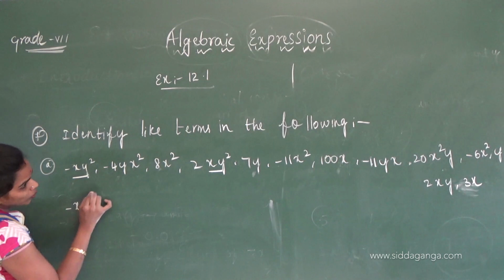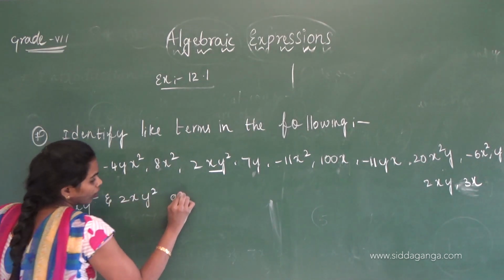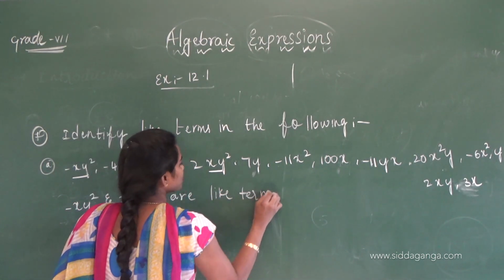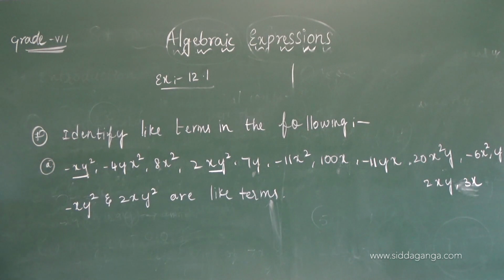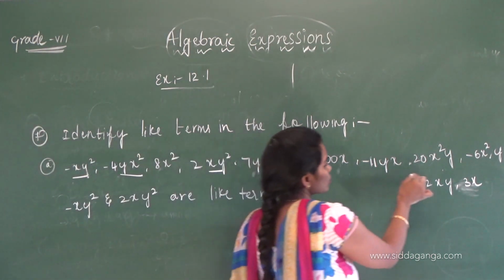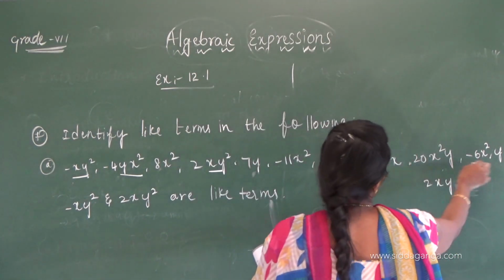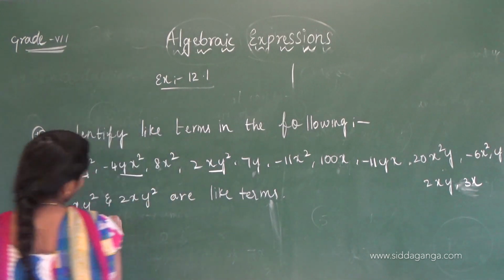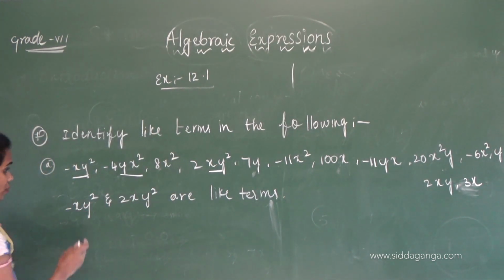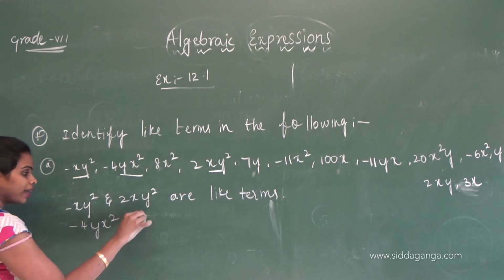Minus xy square and 2xy square are like terms. One type of like terms. And then yx square. Here where is yx square? Minus 4yx square is one type of like terms.